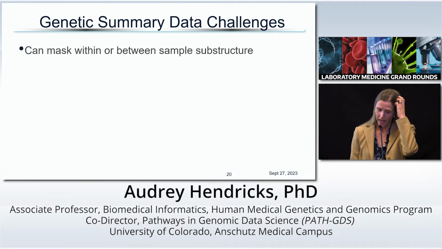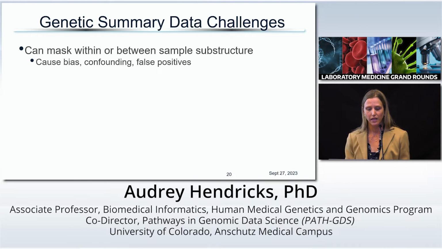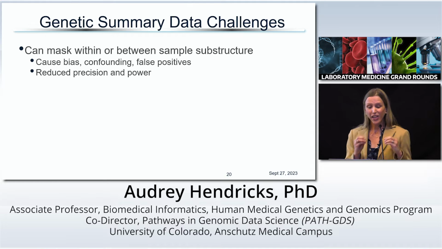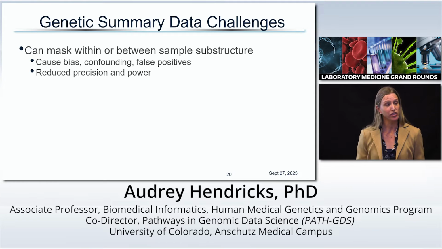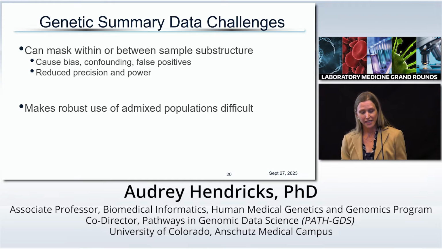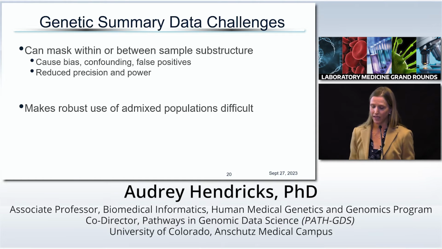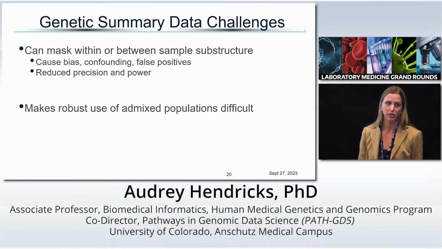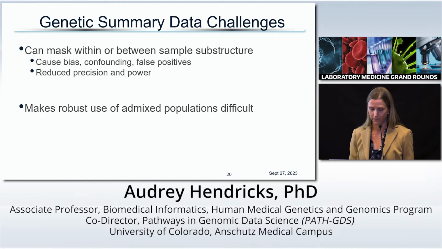And when we mask within or between sample substructure, this can cause bias and confounding, false positives. It can also reduce our precision and reduce the power of our studies. This is especially hard when we're studying genetically admixed populations and makes a robust use of this data very difficult.